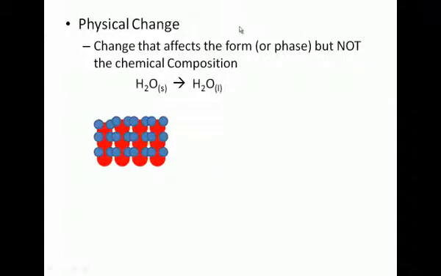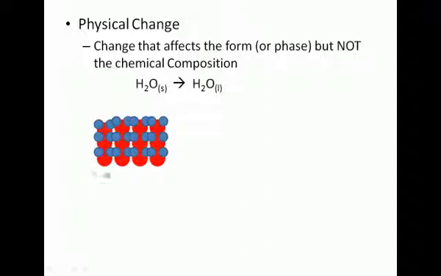It is different from what is called a physical change. In a physical change, the change affects the form or phase, but not the chemical composition. So what we have here is H2O solid changing into H2O liquid. So in other words, we have ice changing into water.